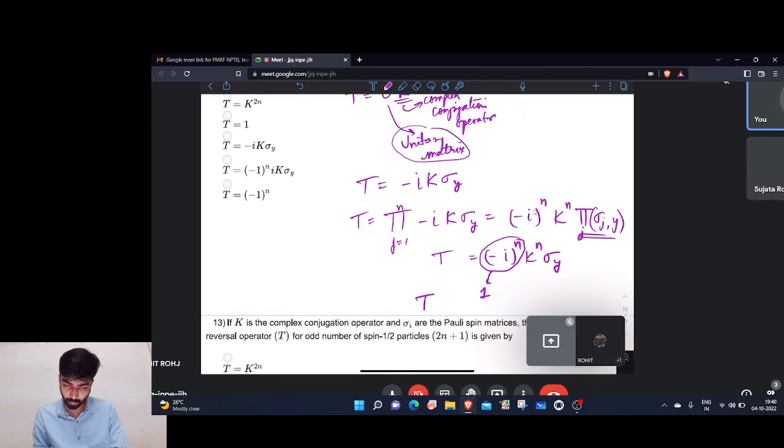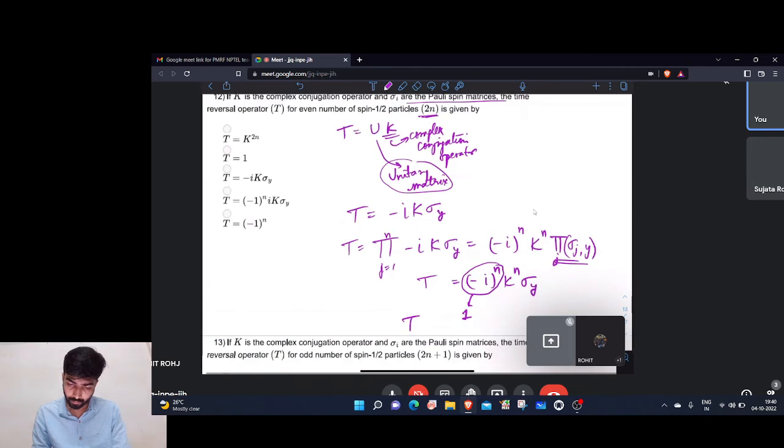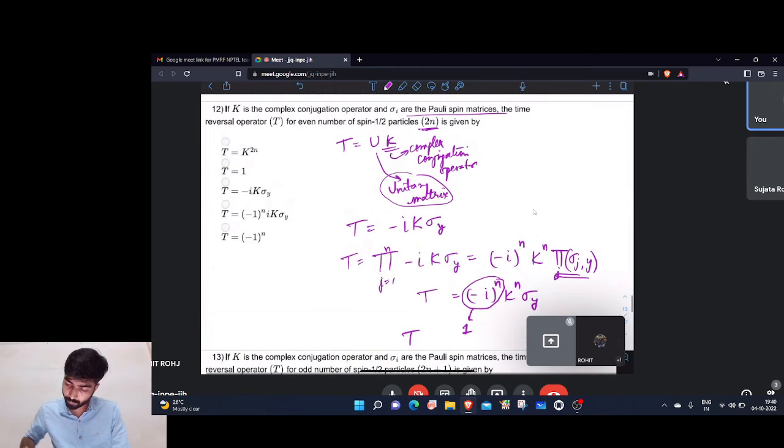Just a second, there might be a slight miscalculation, I think. If T is equal to K raised to power 2n, shouldn't be... now.